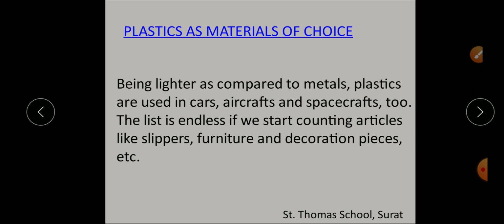This is because they are light in weight, low priced, have good strength, and are easy to handle.